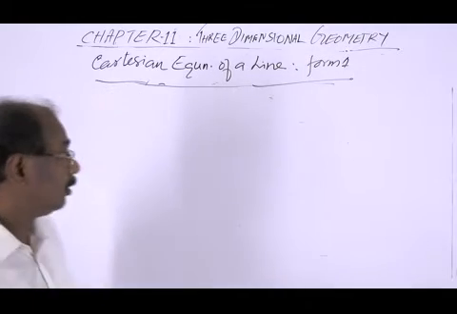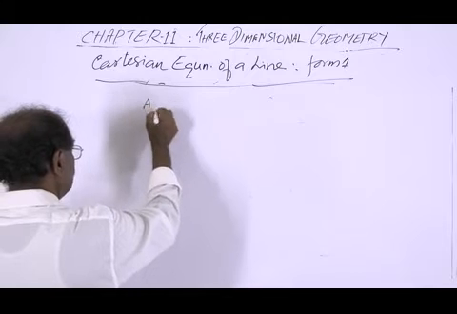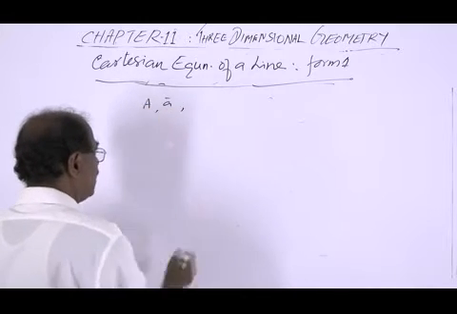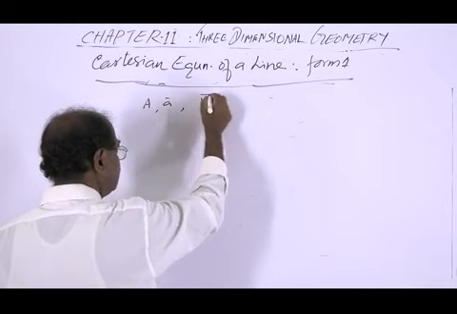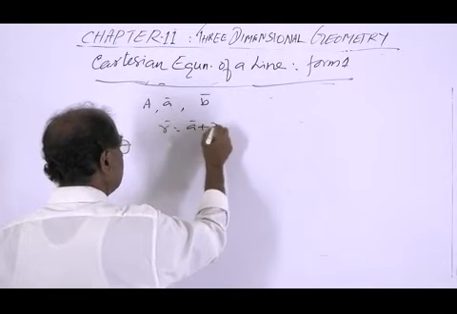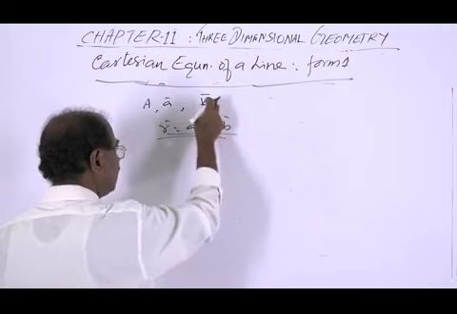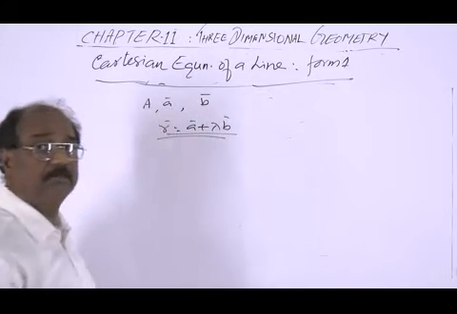So we know the equation of the line passing through the point A, whose position vector is a, and having the direction of vector b, is r equals a plus lambda b, with a the position vector of A, b a given vector, and lambda a constant.